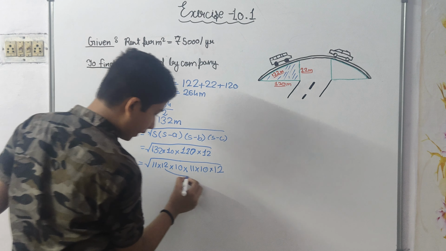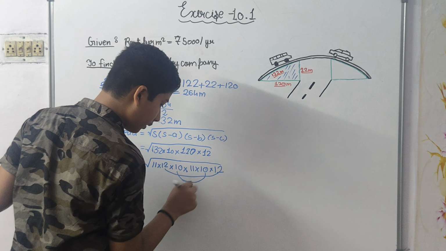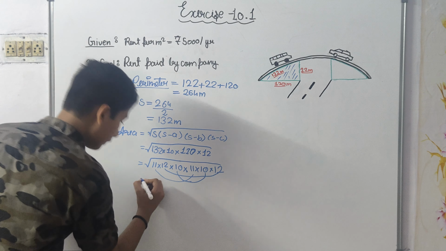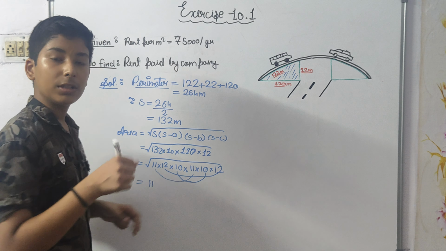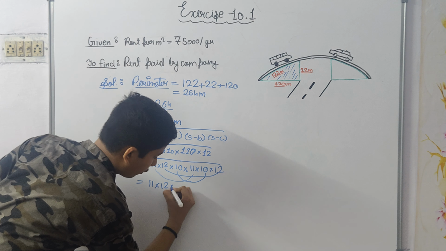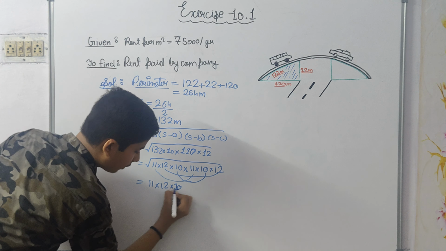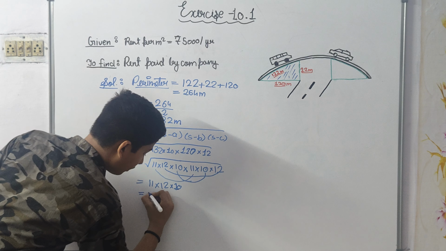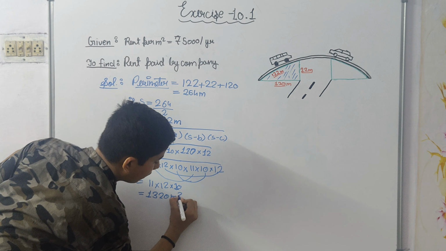Now let's make the pairs. 12 pairs with 12, 10 pairs with 10, and 11 pairs with 11. Since there are 2 of all the numbers, the area will be 11 into 12 into 10. This will be 12 into 11, which is 132, into 10 is 1320 meter square.